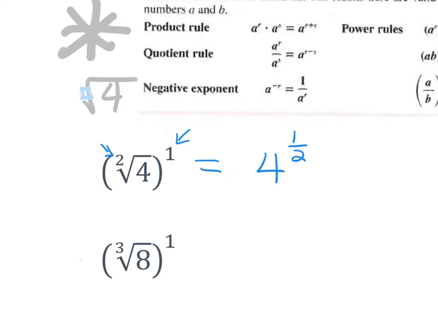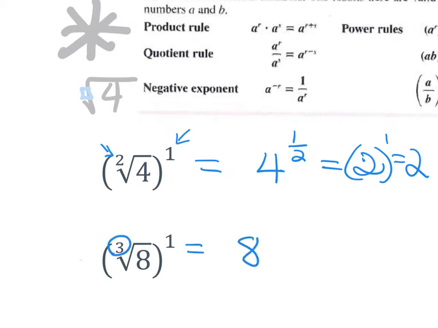So if I ask you to evaluate this, the square root of 4 is 2. The exponent that's on there is 1, so it's just 2. Same thing for the cube root. If I ask you to turn this into having a rational exponent, again, you take the index or the root that you're taking, it becomes the denominator, and then the exponent is the numerator.